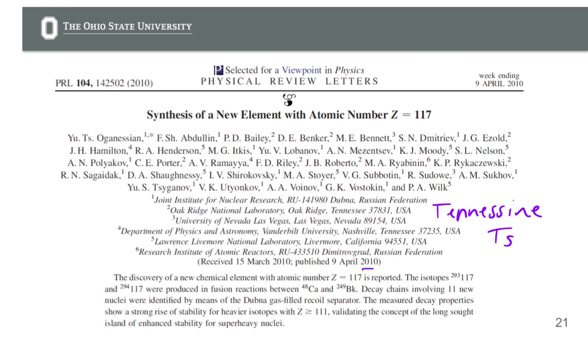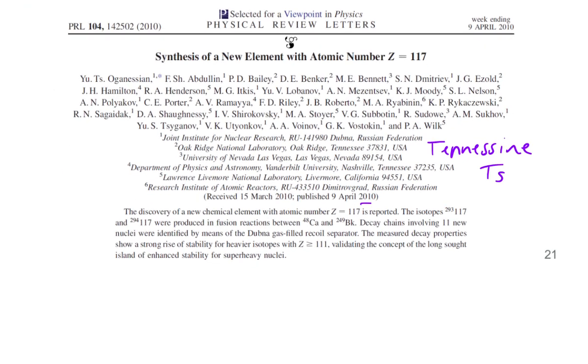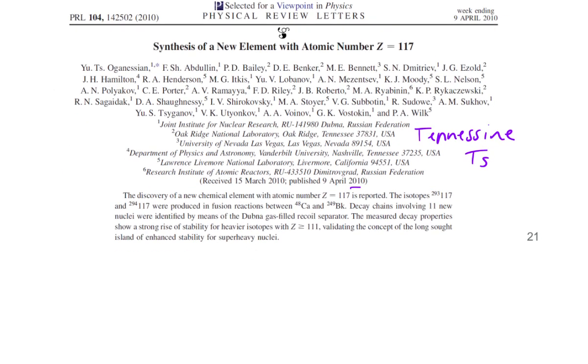The way this worked, I have another slide, was that a calcium-48 beam of particles was put into the particle accelerator and collided with berkelium-249 to form tennessine-297 with an atomic number of 117. We're going to put a star there because it was not stable. I believe it lasted for only a few milliseconds.